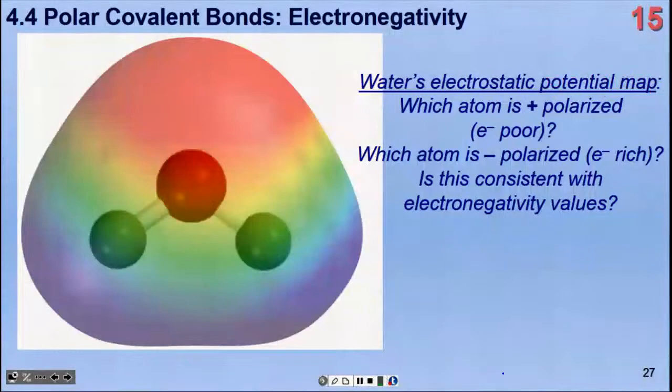So if we look at another electron density map, electrostatic potential map, rainbow diagram, what do these symbols or colors indicate, and how do we understand them? The red end of the molecule is the part that has the most electrons, and so we describe that as being electron rich.